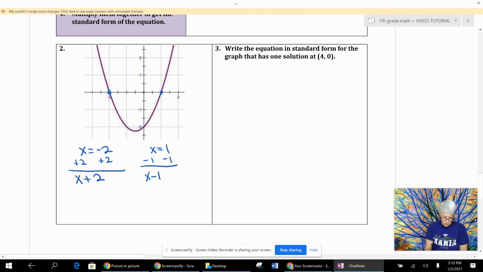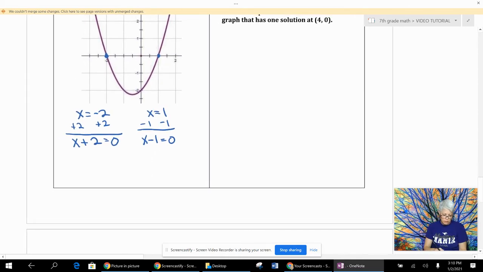Okay, so I'm going to set that. Okay, so they're both set to 0, which of course means these are the factors. So I have x plus 2 and x minus 1. I can do my little matrix here.